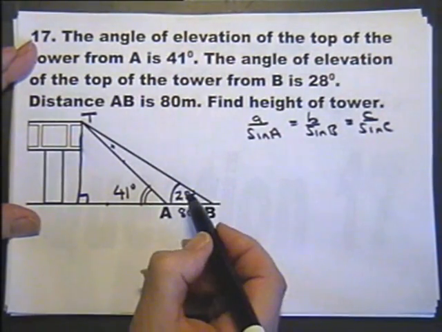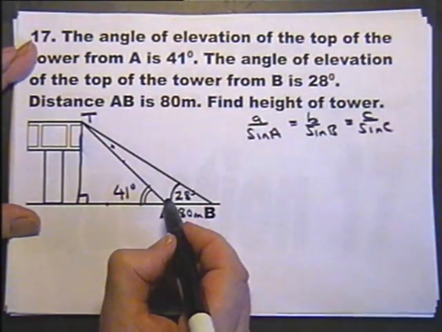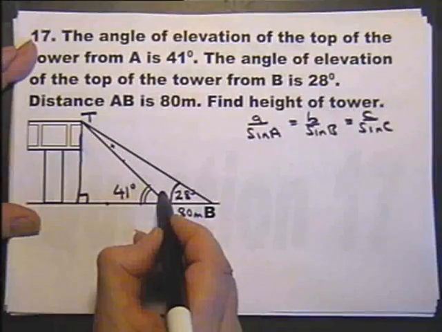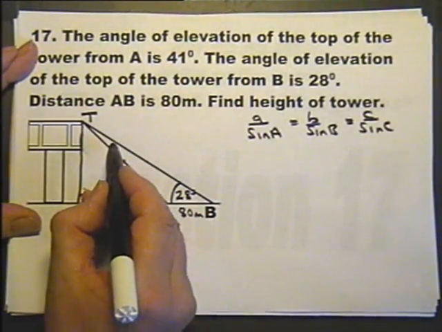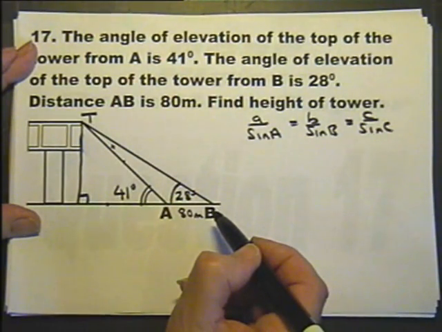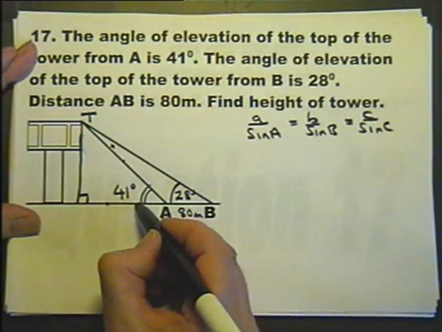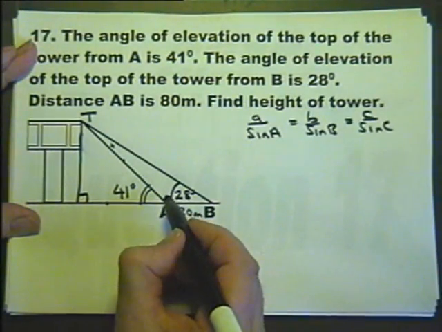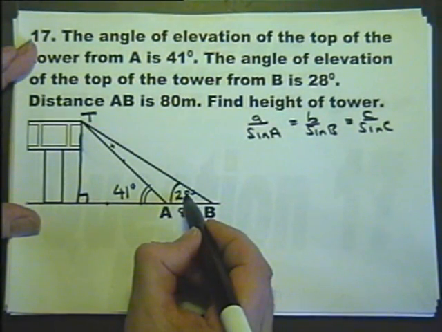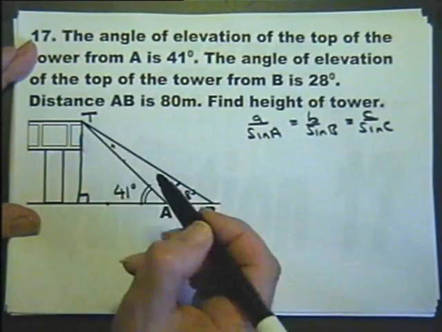Okay, there's two ways of doing this. I could subtract 41 away from 180 to get that angle in there, add those two together and then subtract that result from 180.